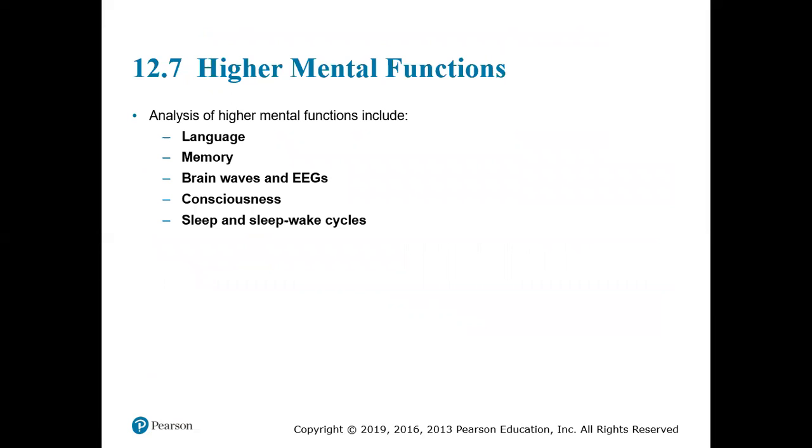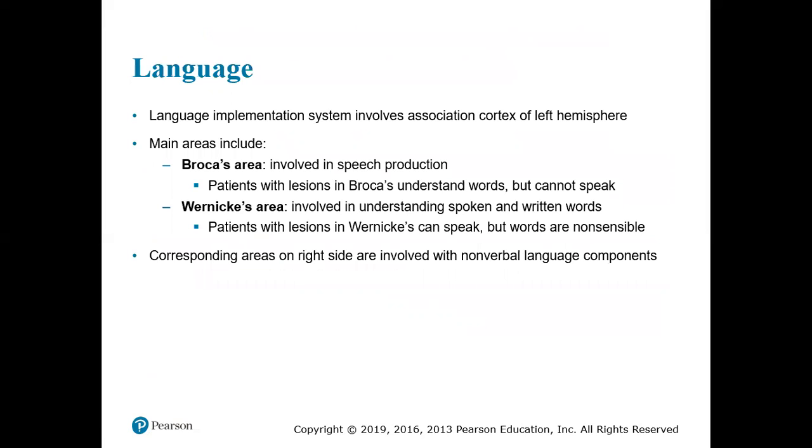So when we talk about higher mental functions, we have to look at language, memory. We can talk about brain waves, EEGs, consciousness, sleep, and sleep-wake cycles. So two areas that we need to point out. Language, we have a language implementation system. The two main areas are Broca's area and Wernicke's area.